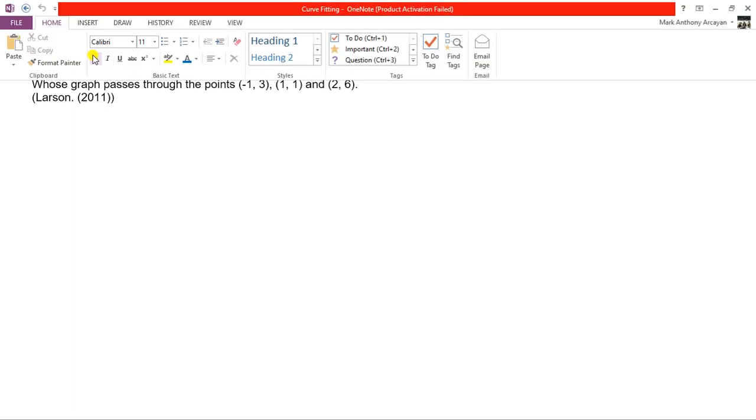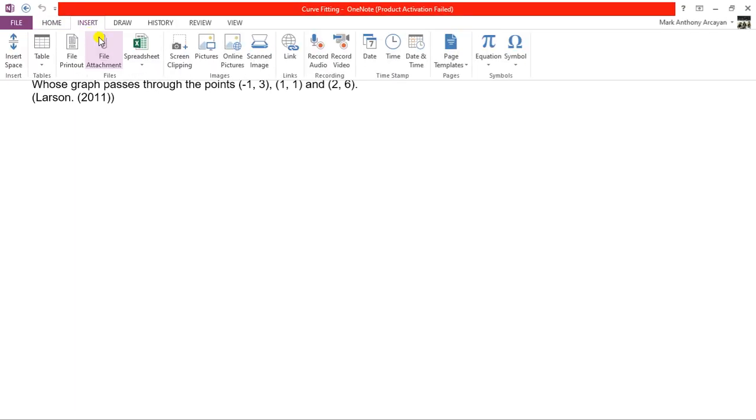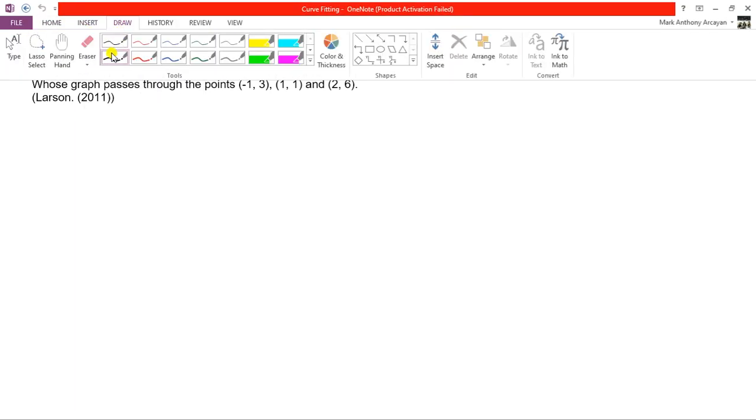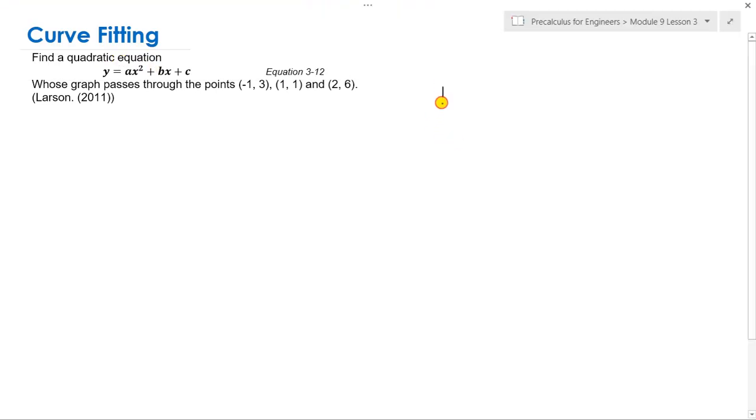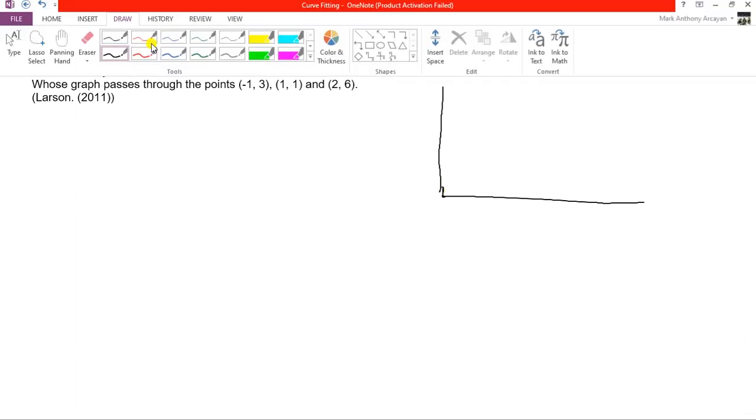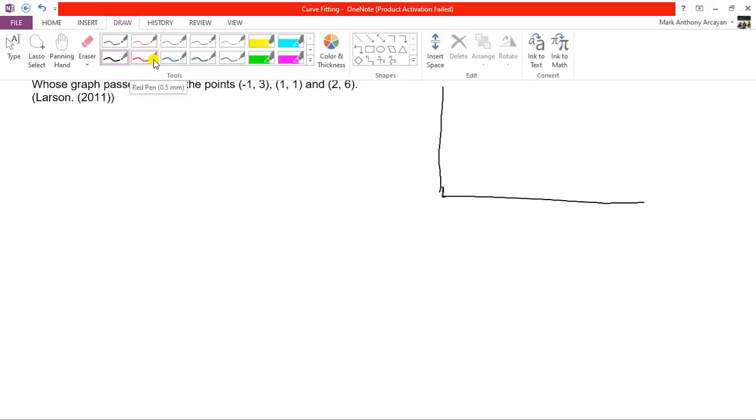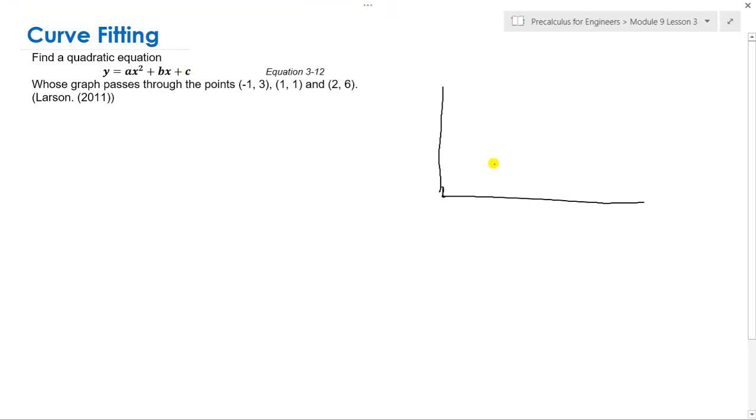This is an example wherein, let's say we have a Cartesian coordinate system, and in the field of statistics, let's say we have scattered data. Okay? Scattered data.